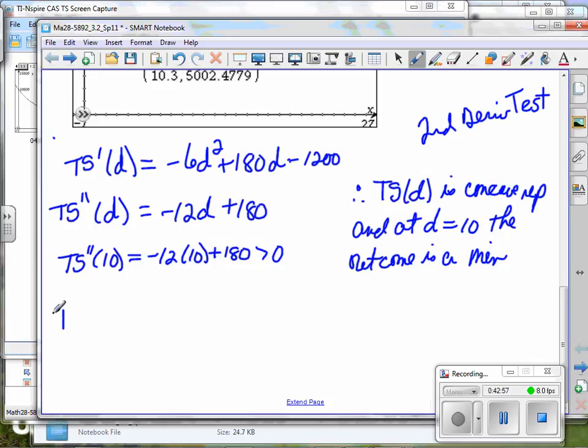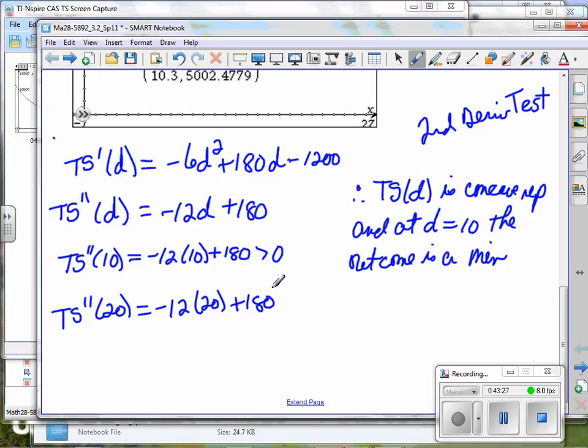Okay, what happens at 20? So go ahead and put 20 in. Again, I don't care what the value is, but I care what the sign is.